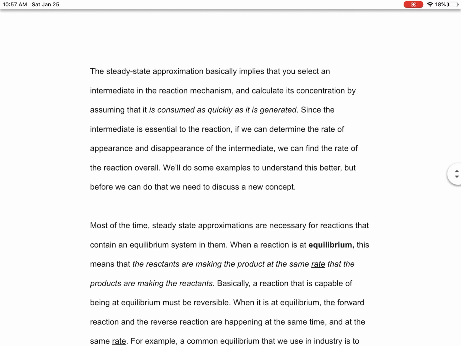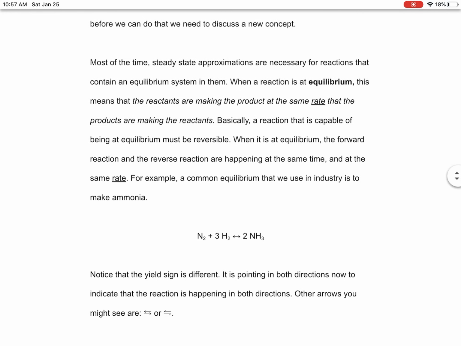So basically it implies you select an intermediate in the reaction mechanism, calculate its concentration, not with numbers, but in formula. So calculate the formula, do some algebra to determine the formula that we could use to solve for its concentration, just because we can assume that it is consumed as quickly as it's generated.